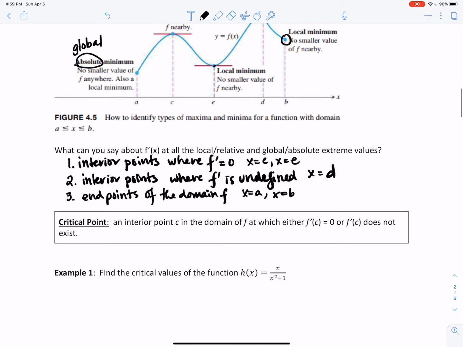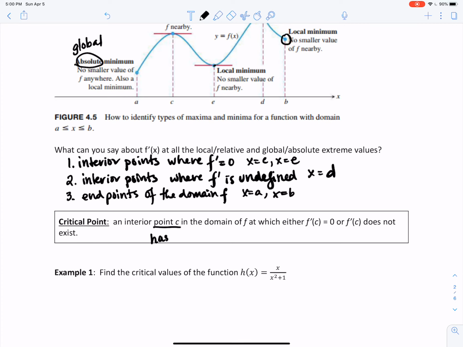All right, so a critical point is an interior point c in the domain of f at which either f prime of c equals 0 or f prime of c does not exist. Note that it's a point, so it has two coordinates, an x coordinate and a y coordinate, and you might need to find both of those coordinates.